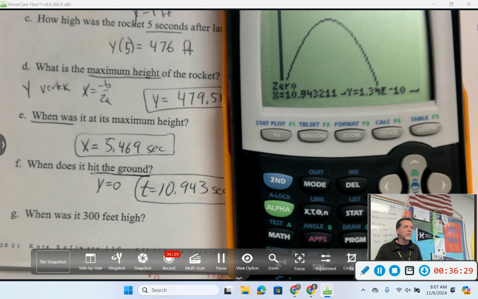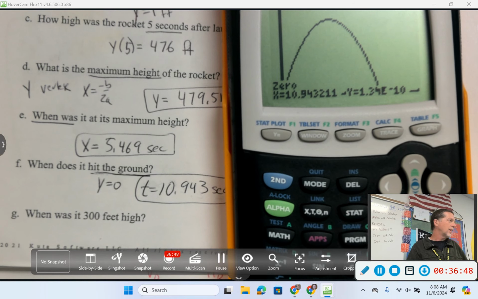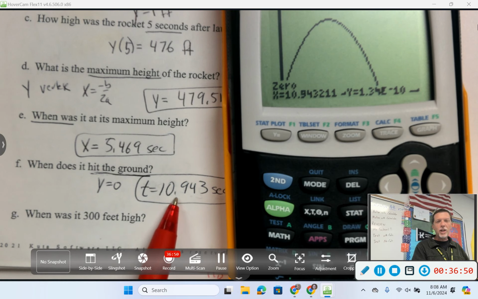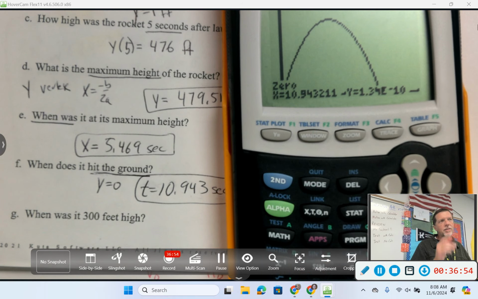That's pretty close to 0. Could be closer. Your calculator has a built-in tolerance for finding a 0, because if you wanted to find exactly 0 numerically, it would take it longer. It'd have to keep guessing, more and more accurate. And so your calculator is saying, hey, that's close enough to 0. Let's roll with that. And certainly if we want our answer to 3 decimal places, I'm pretty sure we're accurate to 3 decimal places.